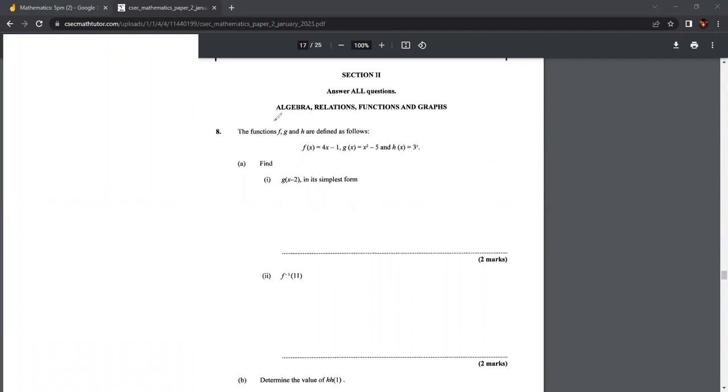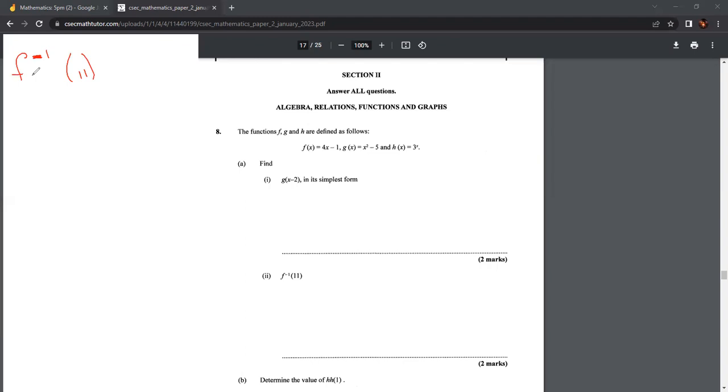All right, so for the second one, we have f inverse of 11. Now, anytime you see the inverse of a function, you have to remember that you have to LIC.